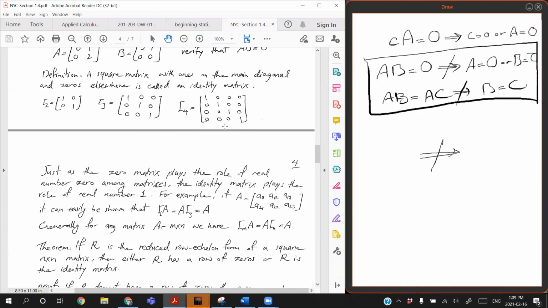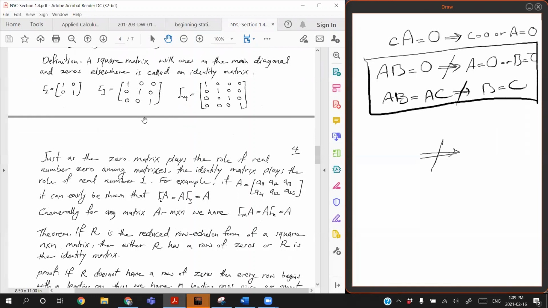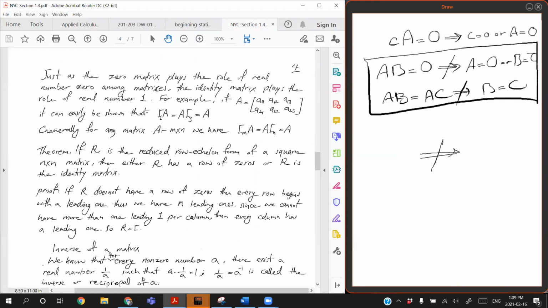You have zeros everywhere else but ones on the main diagonal. So just as the zero matrix plays the role of the real number 0 among matrices, the identity matrix plays the role of 1.